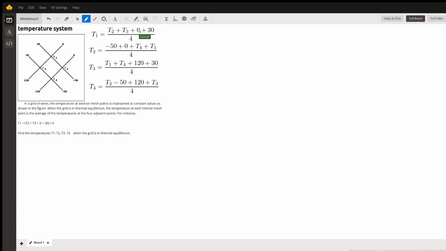So we multiply by 4 on the other side for all those averages, and then move all the terms of T to one side, and leave the constants on the other side. So our first equation would look like 4 T1 and the constant equals 30 for the first.